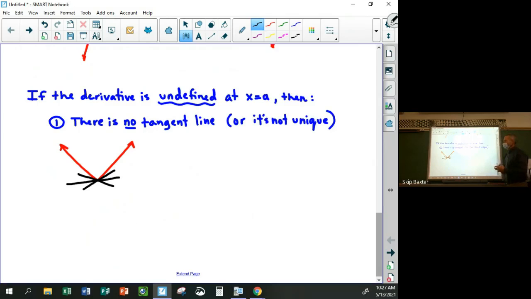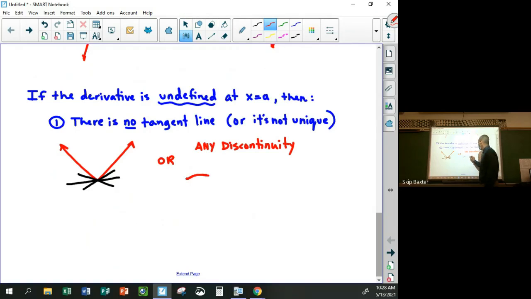Okay. Another possibility is maybe the function has some sort of discontinuity. So I'm just going to write any discontinuity. So maybe the function's going along and there's a jump. Like the function's going like this, and then it jumps down to here.